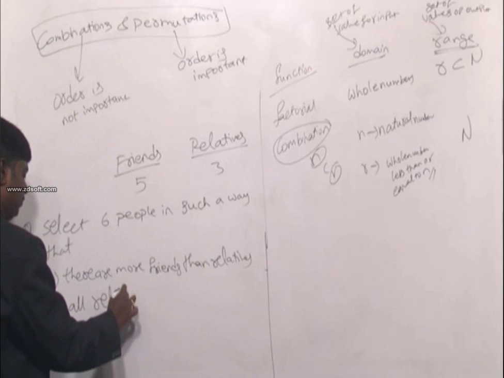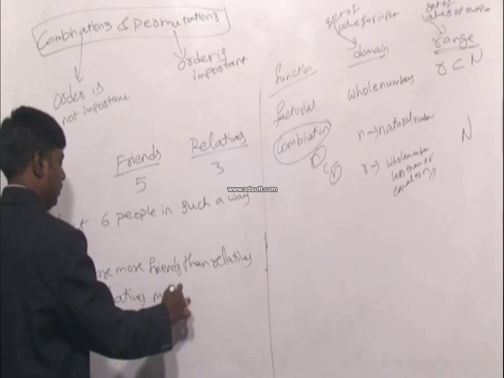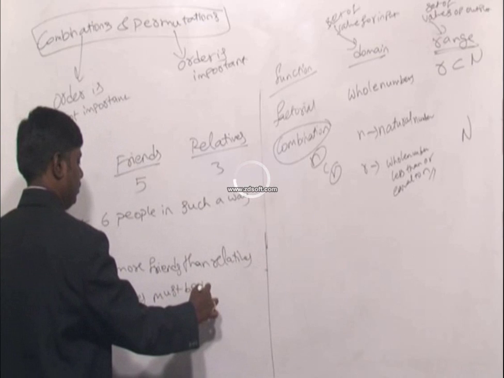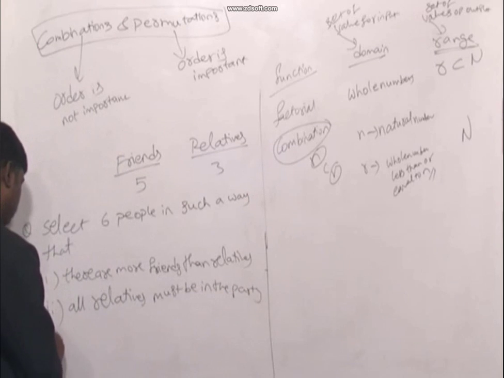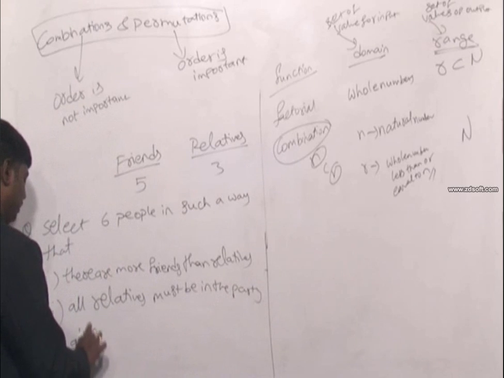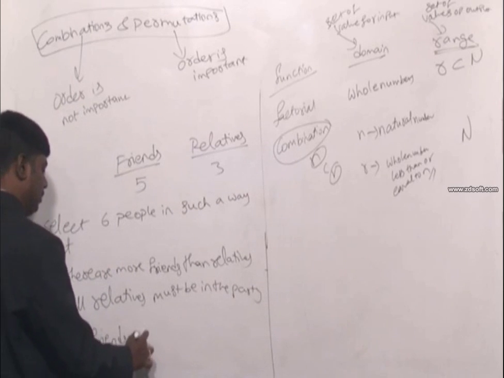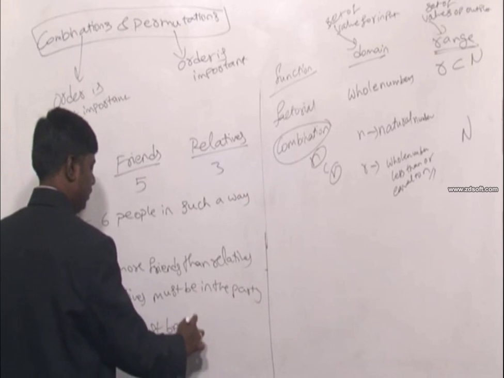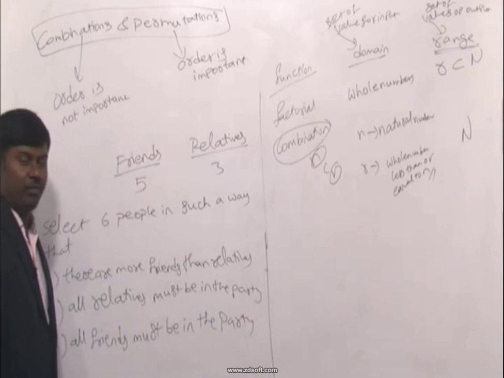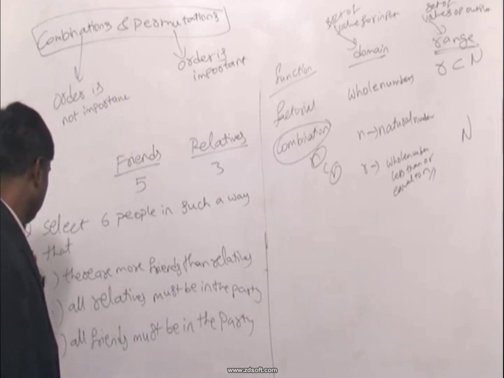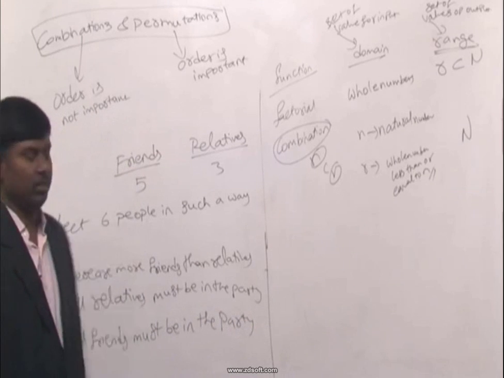All relatives must be in the party. All friends must be in the party. Find out the number of ways in which you can do first case, second case, third case. Try this problem.